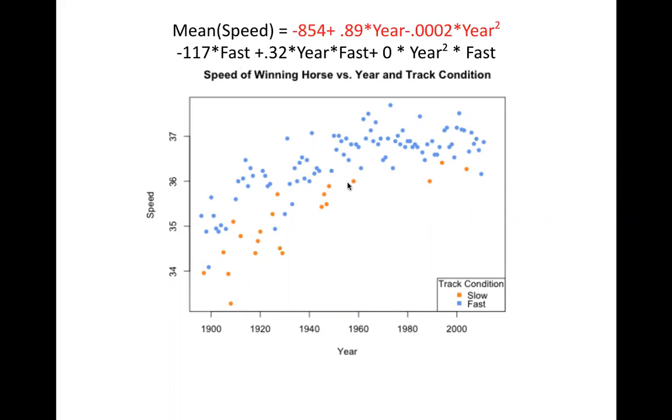What I see is a parabola describing the relationship between speed and year for slow tracks. And I see another approximately parallel parabola describing the relationship between speed and year for fast tracks. So it looks to me like I need the parabola. It looks to me like I need this year square term, but I'm not so sure. And I definitely need the fast term because it's an intercept change.